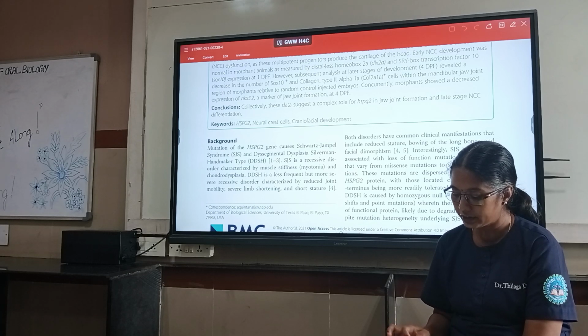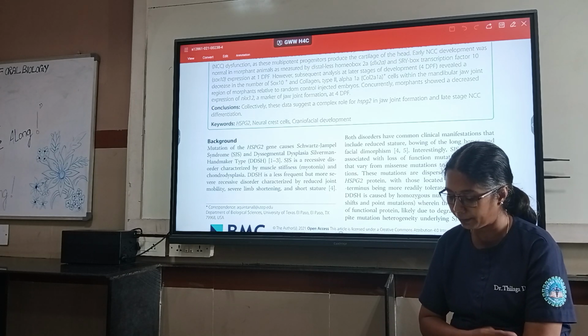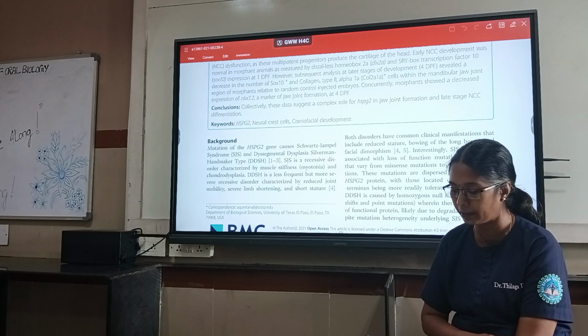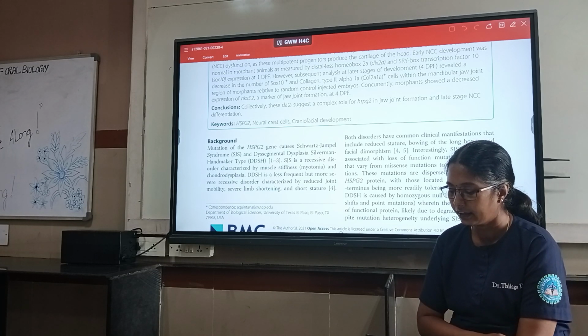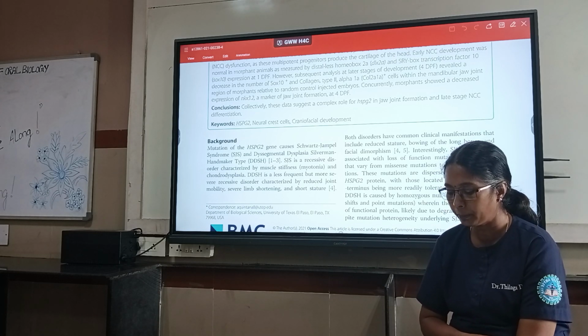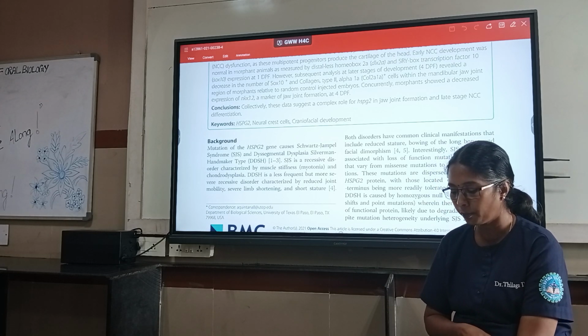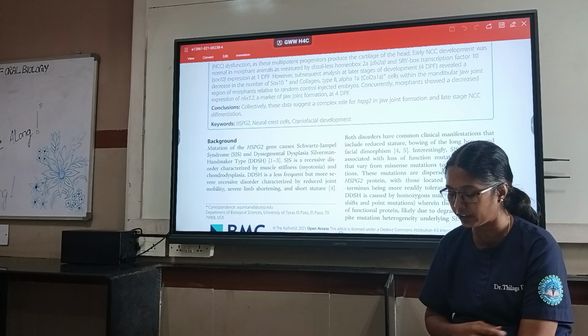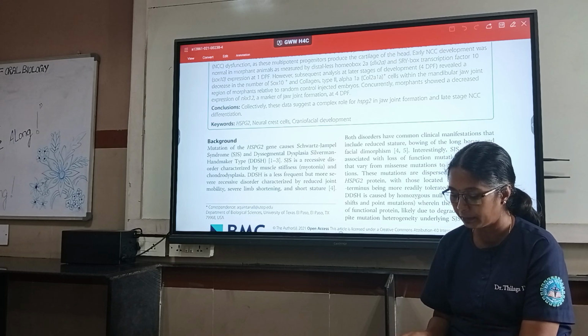Then Alcian blue staining and imaging technique was used for the zebrafish larvae aged 5 days post-fertilization, that is 5 dpf. They were stained with Alcian blue. The distance between the top of the Meckel's cartilage, that is the ventral component of the mandibular arch, and the top of the ceratohyal, the laryngeal arch cartilage, was measured for each embryo as a method to analyze the truncation of the Meckel's cartilage.